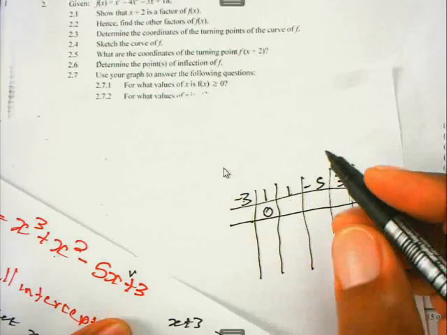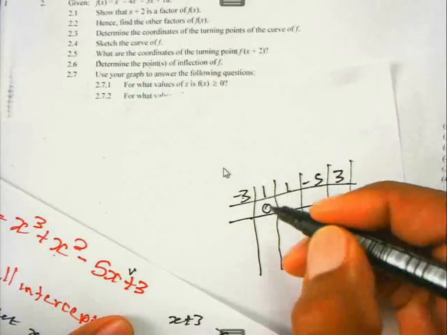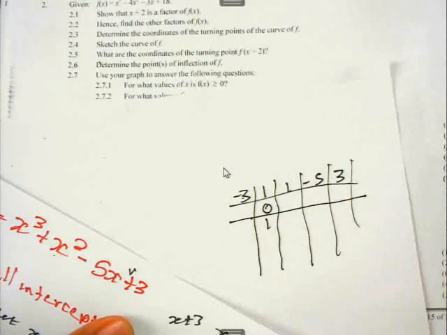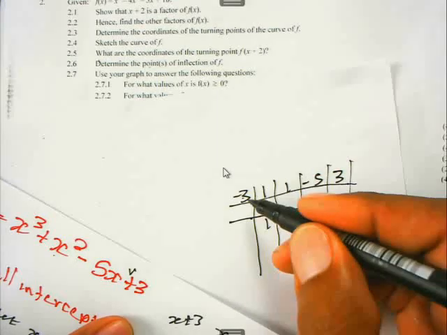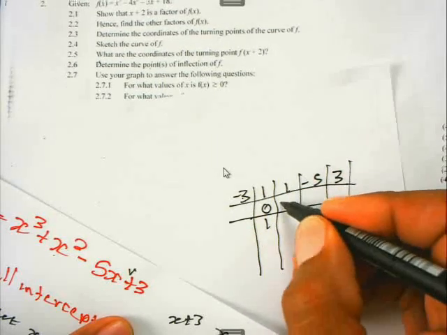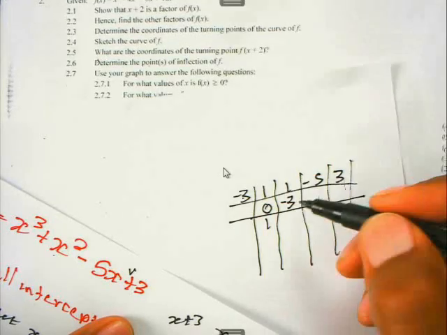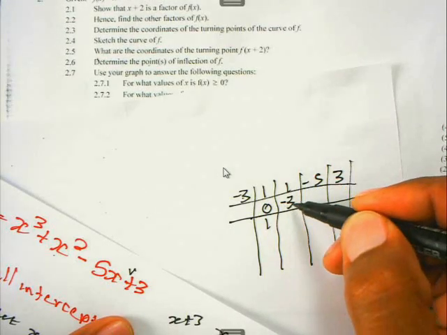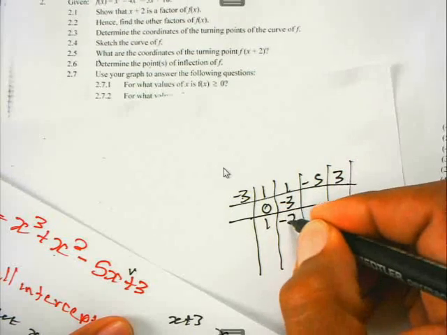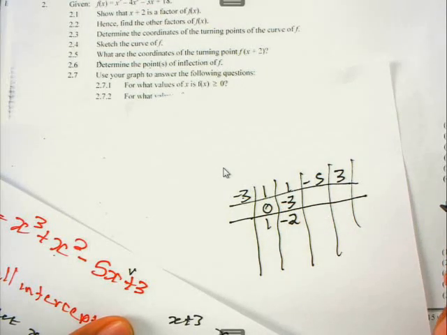From here, boys and girls, I'm just going to add this one. 1 plus 0 there is 1. Is that correct? Yes. And now I take minus 3 times 1. It gives me minus 3. Then I take 1 minus 3. It will give me minus 2.